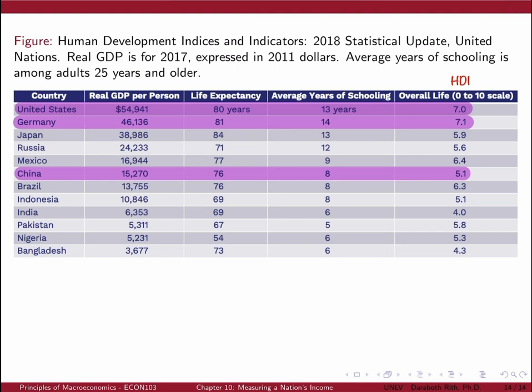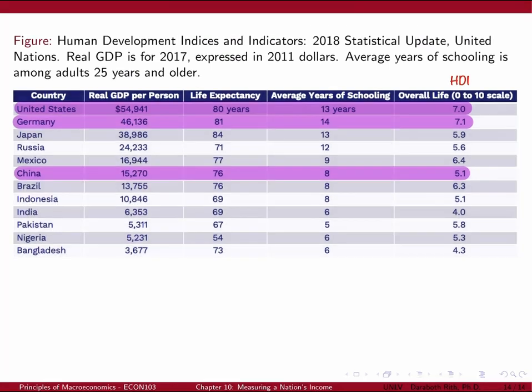China's HDI is notably lower, reflecting the challenges it faces in human development, despite its rapid economic growth. This comparison illustrates the economic strengths and social development levels of these major economies, highlighting the relative achievements and ongoing challenges in each country. That concludes our lecture on GDP and its components.